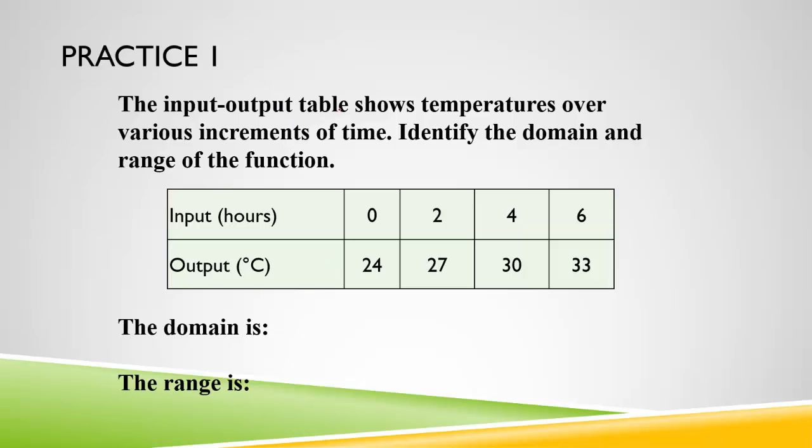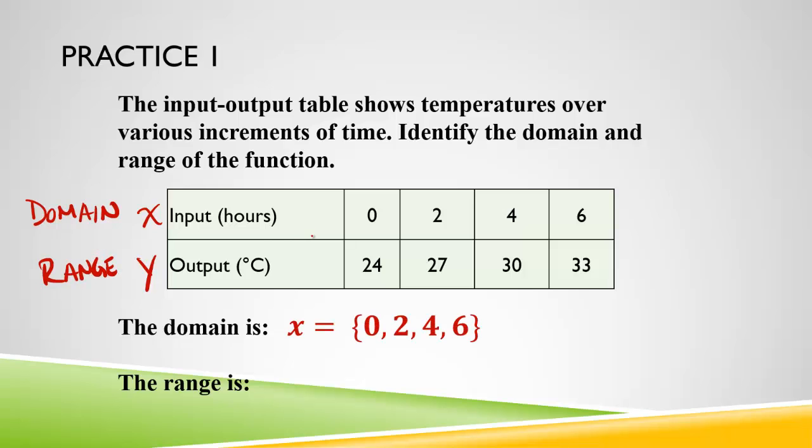So look at this one here. The input-output table shows temperatures over various increments of time. Identify the domain and range. Remember, I said that input is x, output is y. This is also called domain. This is also called range. So domain is 0, 2, 4, and 6, all of our x values.